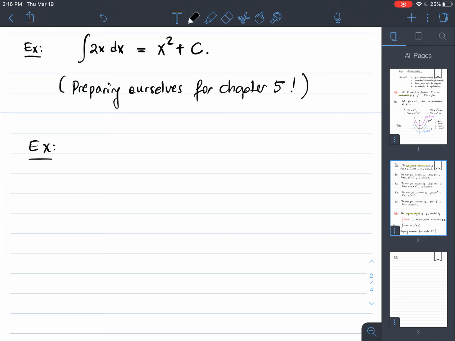All right, so let's do the integral of, let's say, sine x dx. Now cosine x has derivative negative sine x, so negative cosine x has derivative sine x, which means the integral of sine is negative cosine.